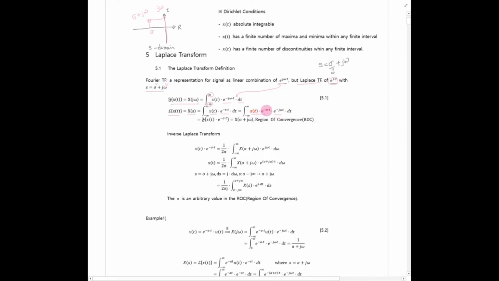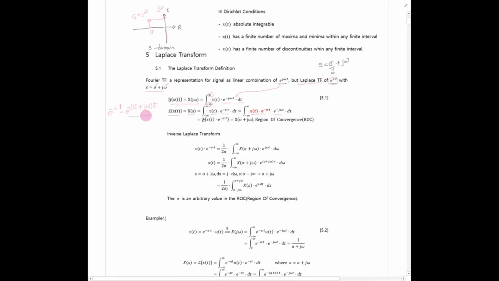So e to the minus sigma t comes from the real part of the st. You know that e to the minus st equals e to the minus (sigma plus j omega) t.